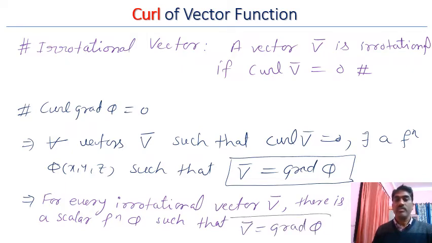And obviously curl v is then equal to curl grad phi, which is automatically 0 because we have already shown that curl grad phi is always 0.